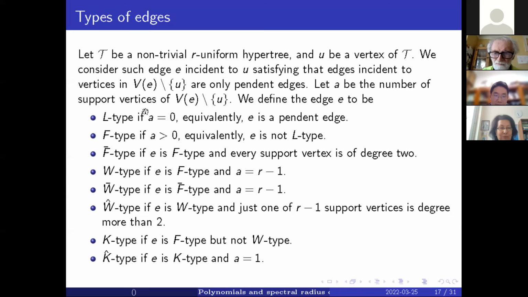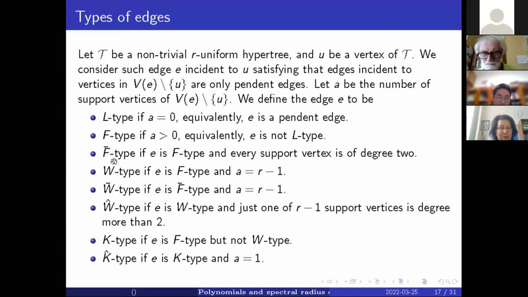Let A be the number of support vertices in this set. We define the edge E to be L type if A is 0. Equivalently, E is a pendant edge. E is F type if A is positive.